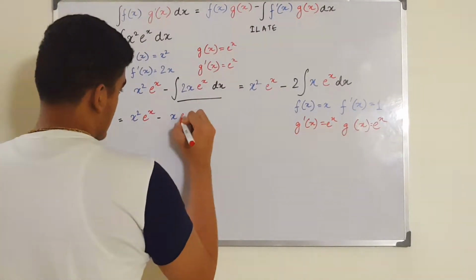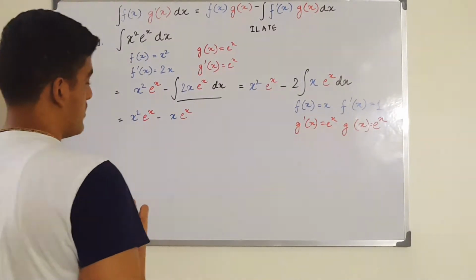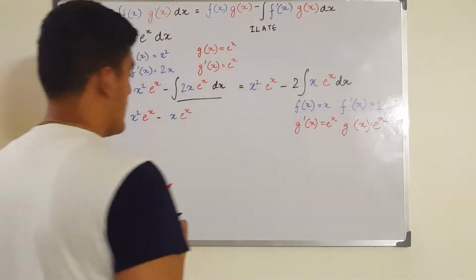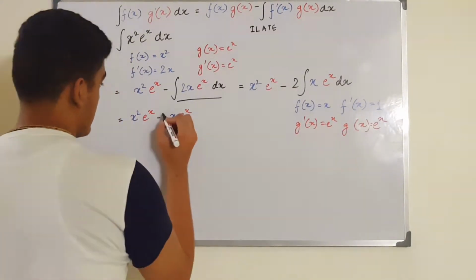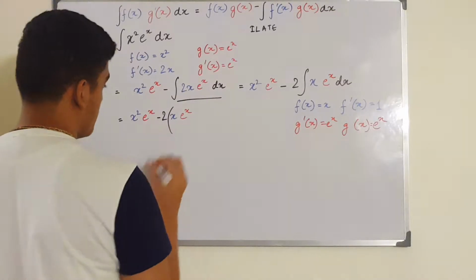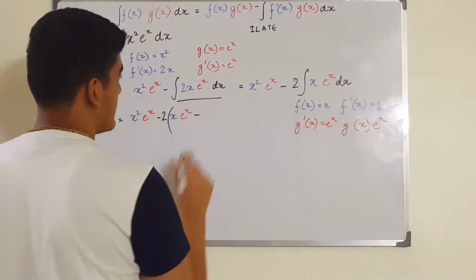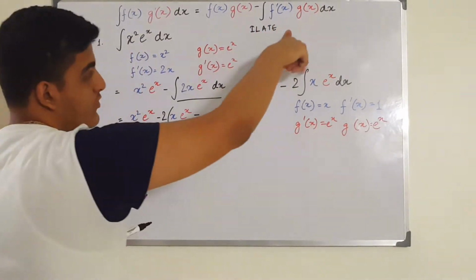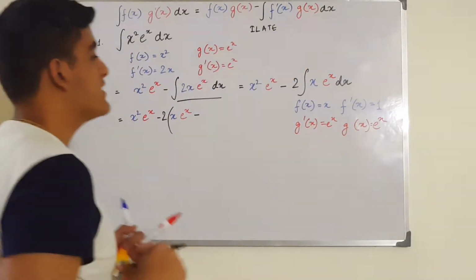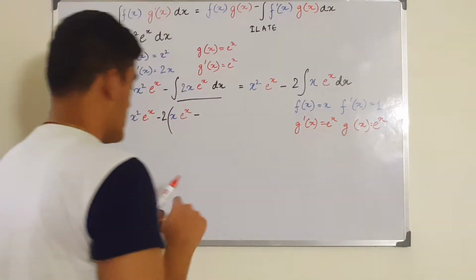So, not to forget the 2, minus the integration of f dash x or f prime x multiplied with g of x.